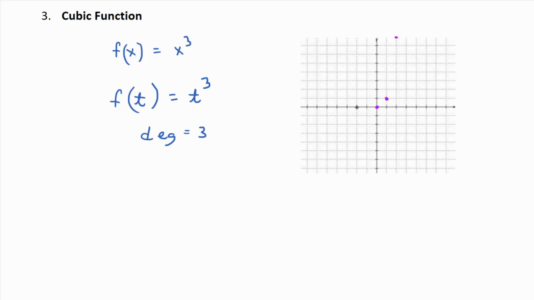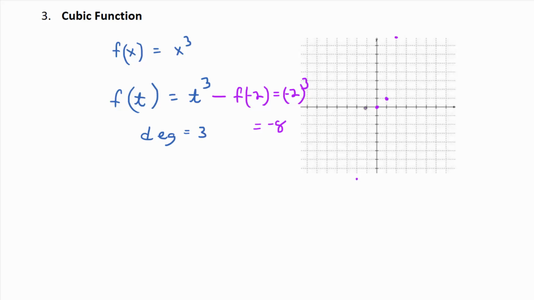An input of negative 2, the negative is going to stick around. Negative 2 times negative 2 times negative 2 will get you an output of negative 8. So the idea is f of negative 2, you take that input, you cube it, that's why it's called the cubing function, and you get negative 8 popping out. That's this point right there. Oh, and then the one I didn't put in was an input of negative 1.